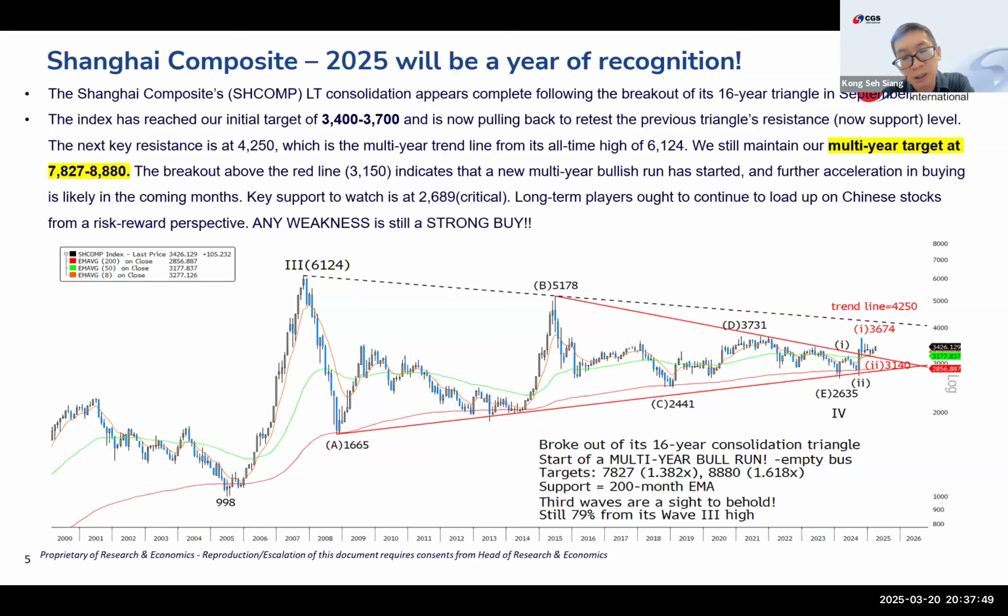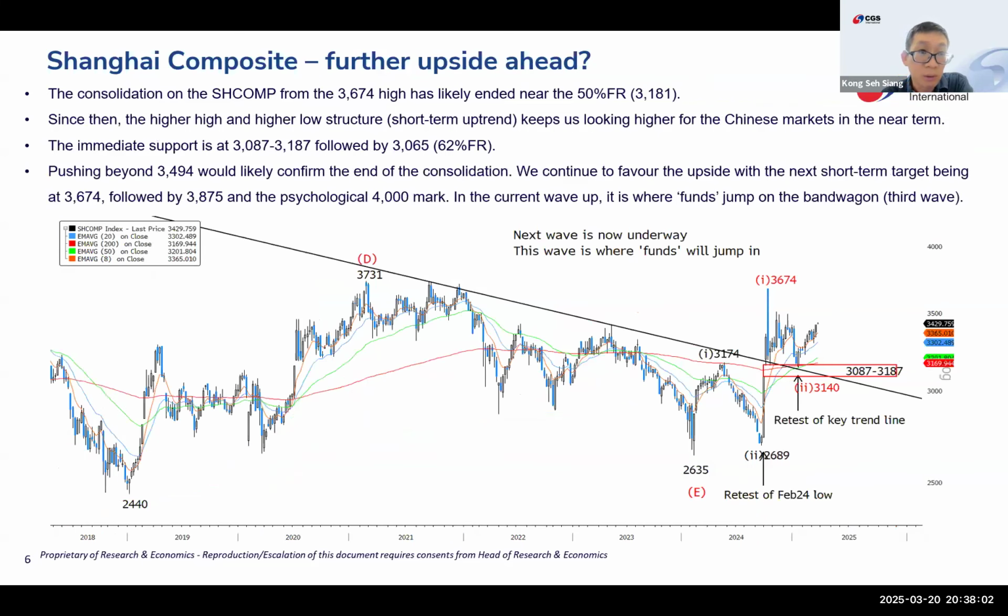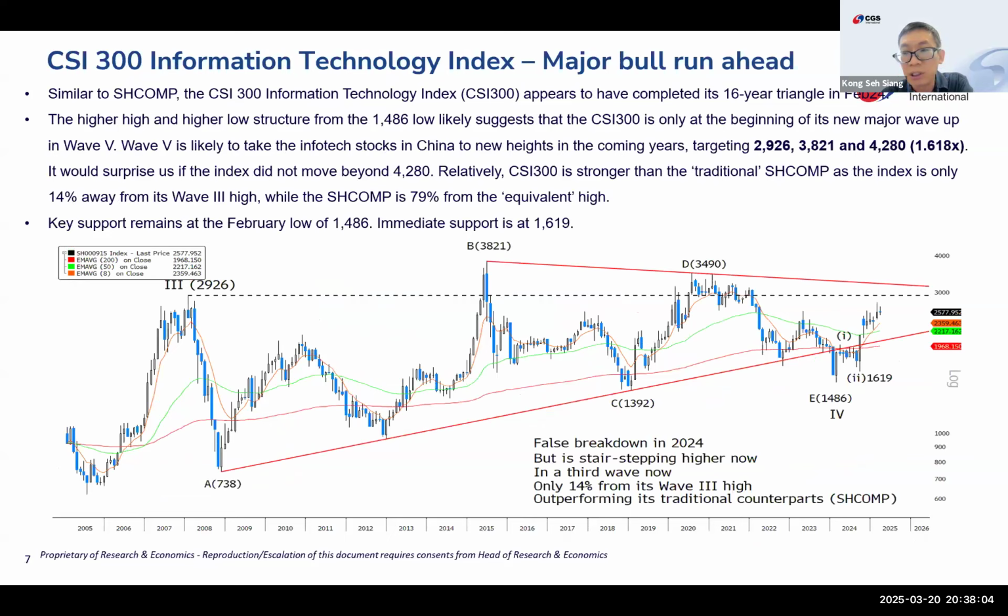The more traditional sectors like property are still lingering very close to their lows. So from just these two, compared to the CSI Information Technology Index, there is quite a bit of relative strength to be found in Chinese technology sectors.